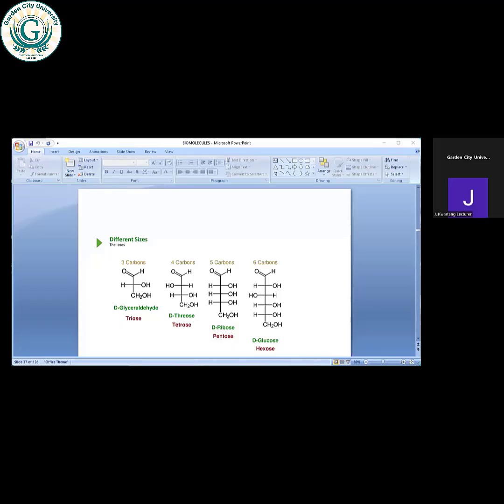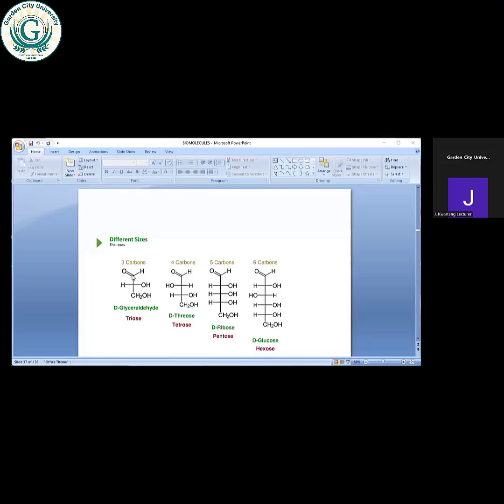Okay, so like I said, if a carbohydrate has 3 carbons, it is called a triose. Please, can you see my cursor? Yes, please.